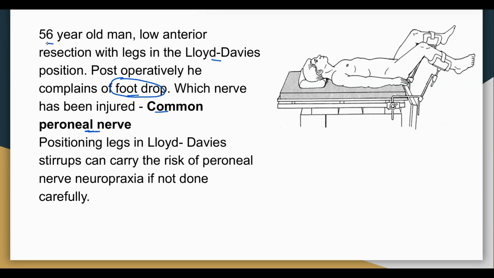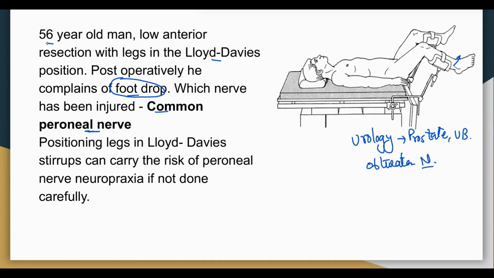Now this Lloyd-Davis position is used for urology operations, for example, for the prostate and for the urinary bladder. In such a position, when the surgeon is performing the operation and there is some jerky or twitching movement which results in kicking of the foot, in that case, it will be because of the obturator nerve.